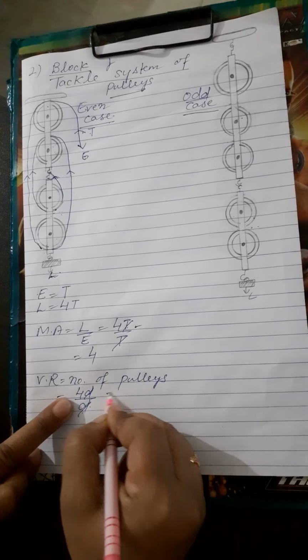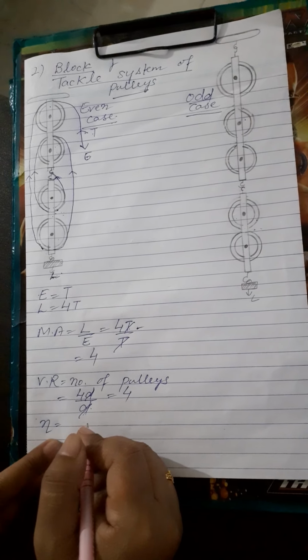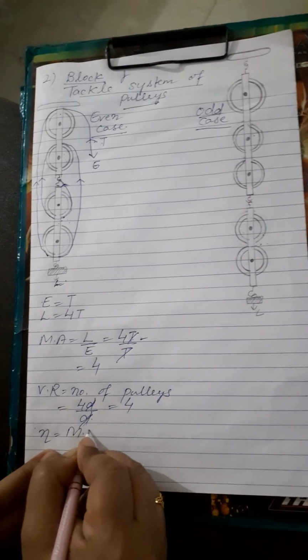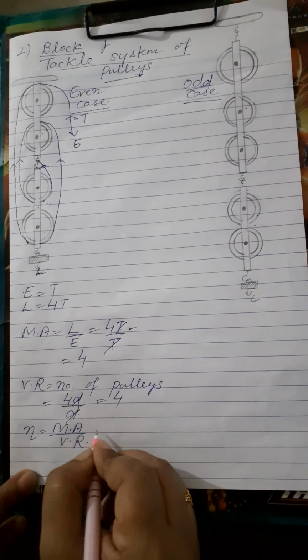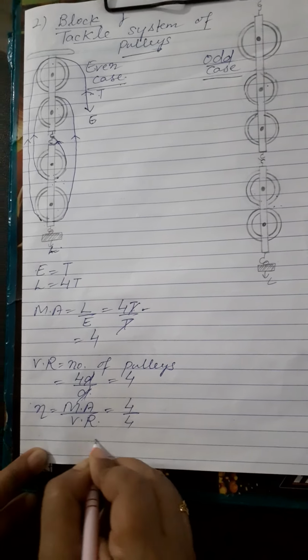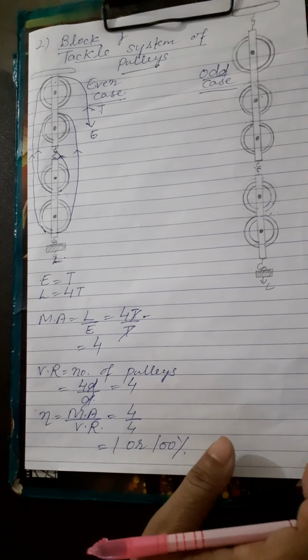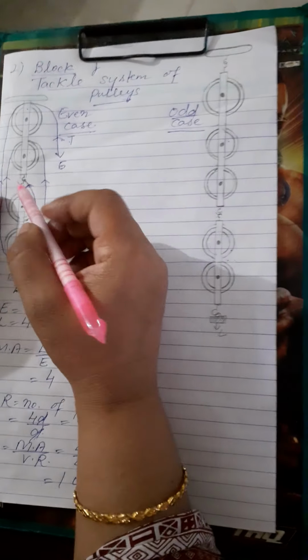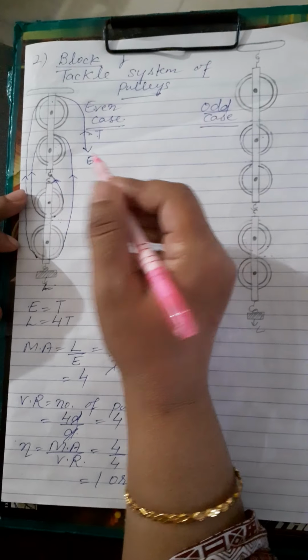So again your answer will be 4. So efficiency will be equal to mechanical advantage divided by velocity ratio. So it will be 4 divided by 4, 1 or 100%. Once again, please, these diagrams are very important from the examination point of view.